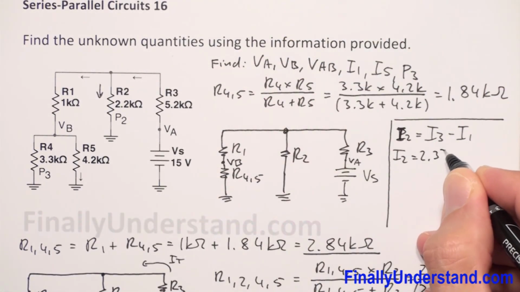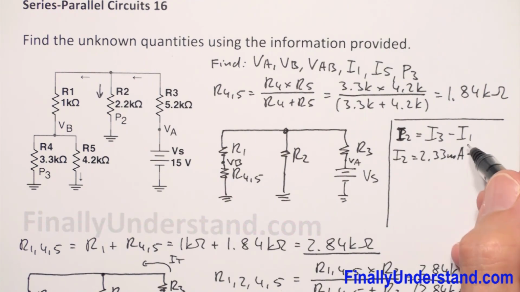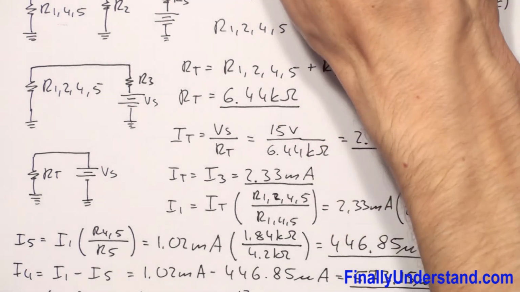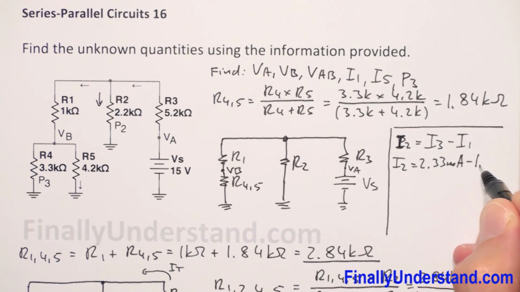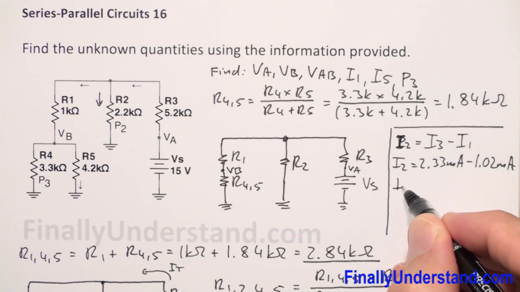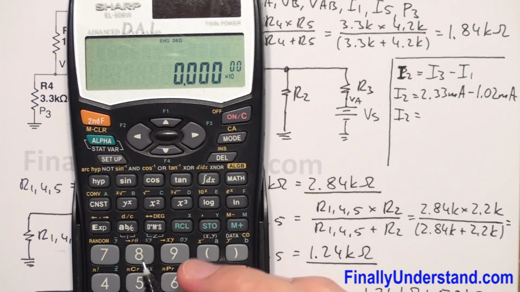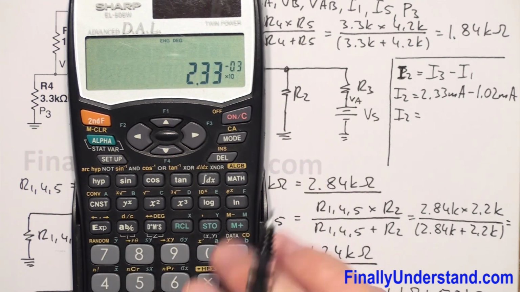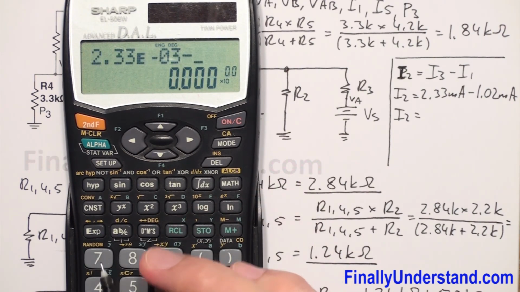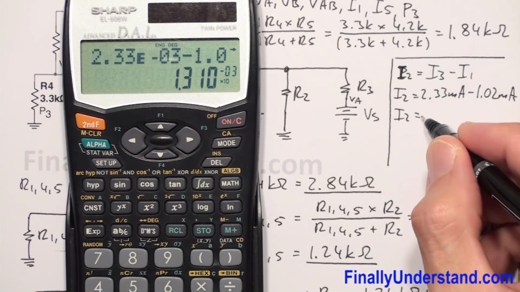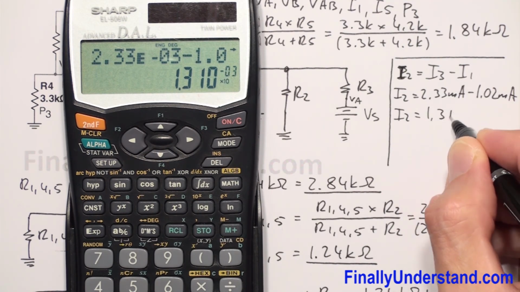I have 2.33 milliamps minus I1, and we found that I1 is equal to 1.02 milliamps. So I2 is equal to 2.33 exponent 3 negative minus 1.02 exponent 3 negative, which is equal to 1.31 milliamps.